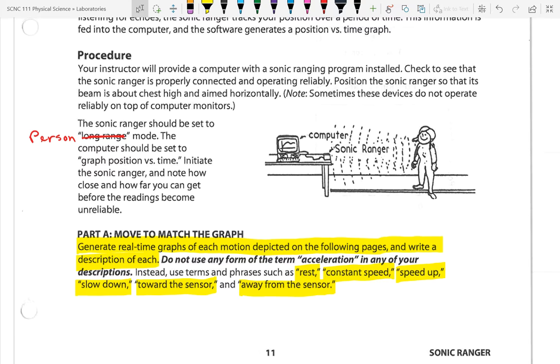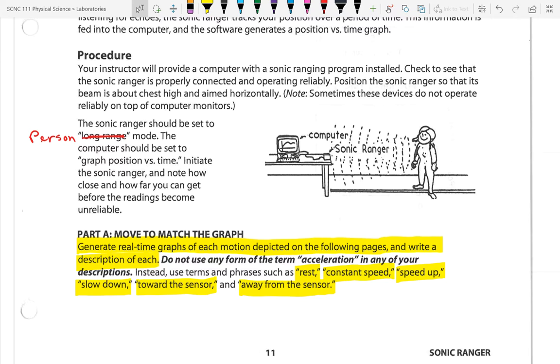So it takes the time it took to go out and back, multiplies the speed by the time to get the distance. It does divide by 2 because the sound had to come out to you and go back. It calculates how far away you are, and it's going to make a graph that shows your position every 1/20th of a second. Then you're going to walk back and forth and see what the graphs look like and describe them.